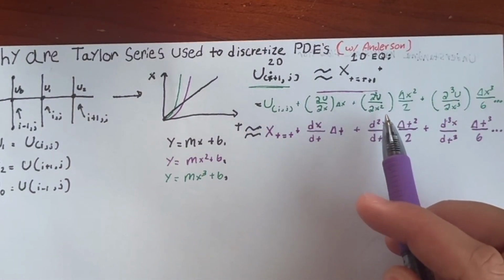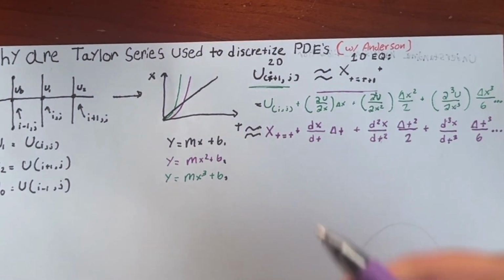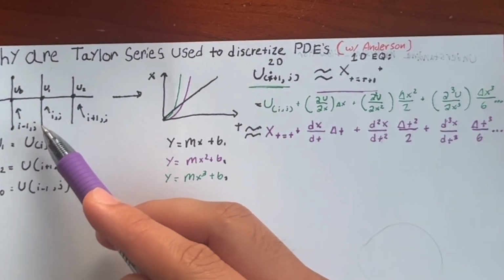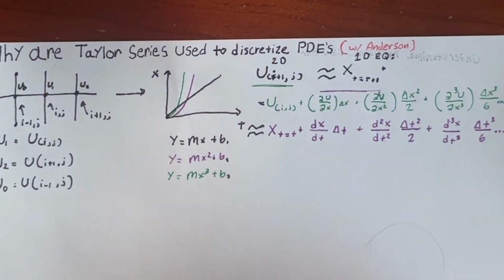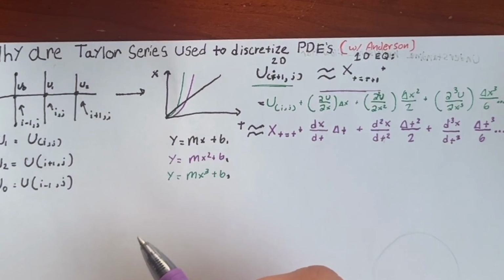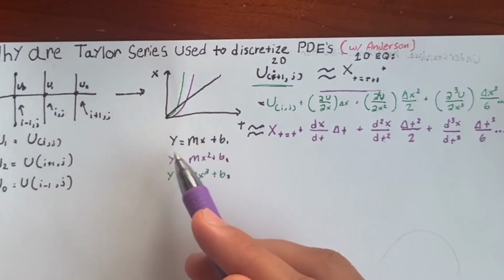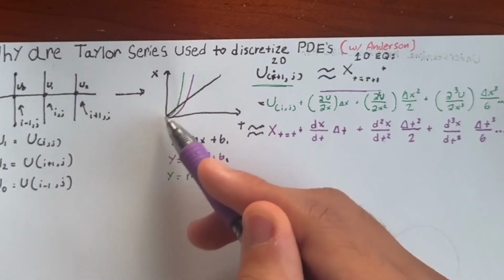Now, why is the Taylor series like this, and why does it correctly describe the flow property at this next point? What we can do is look towards an equivalent ordinary differential equation in one dimension, right? Say you have a function y equals mx plus b, which describes a linear slope, right?